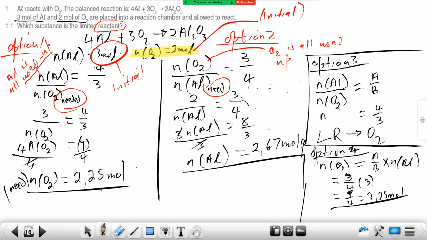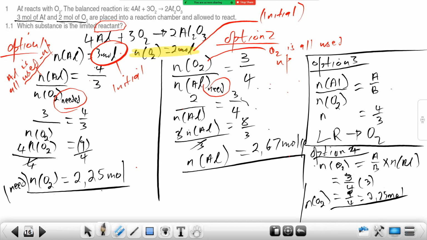I'm comparing the moles of aluminium and oxygen. But remember, your answer here is for oxygen. So it means you are now in a position of comparing oxygen with oxygen. Okay, continue, sir.